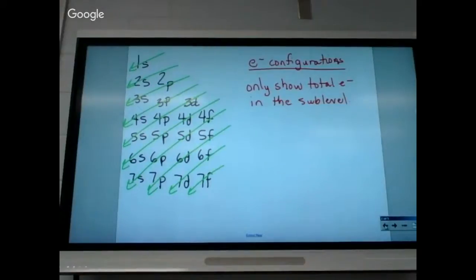Questions? 4f14, and then 5d10, and then 6p4. It's way easy. I'm going to teach you a shorter way to do it than this.